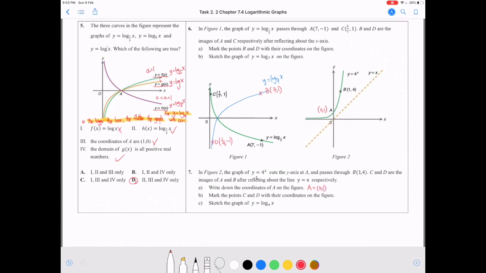Part B. Mark the points C and D with the coordinates on the figure. The question says C and D are the images of A and B after the reflection, right? So we know that the coordinates of A are (0, 1). After the reflection by the line y equals x, the coordinates of point C, we swap the x coordinate and y coordinate of point A. So point C should be (1, 0).